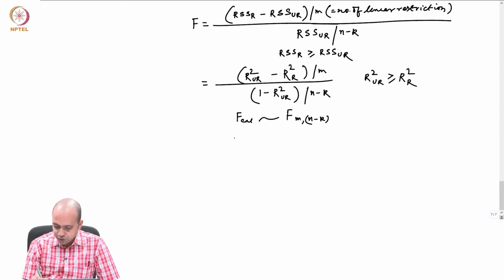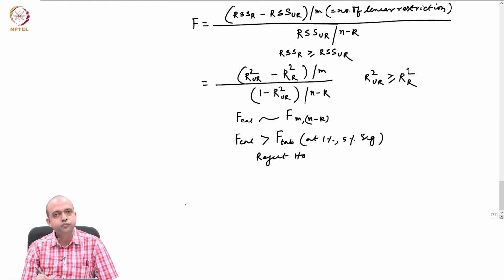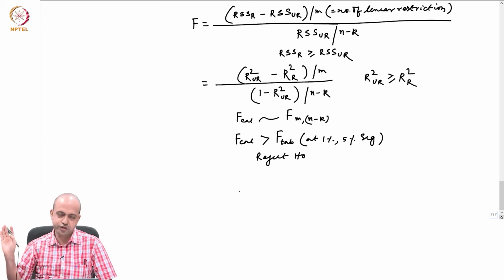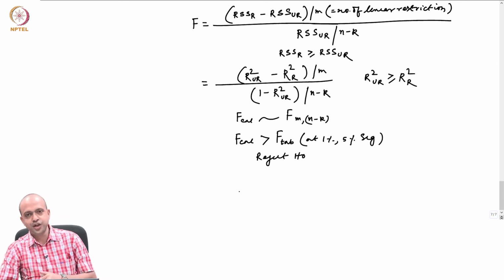And if this calculated F is greater than F tabulated, at these degrees of freedom and 1% or 5% level of significance, then reject your null. That means beta 1 plus beta 2 equals to 1, that hypothesis you can reject. And if you reject this, then depending on the values of beta 1 hat and beta 2 hat, you will decide whether there is increasing returns to scale or decreasing returns to scale.